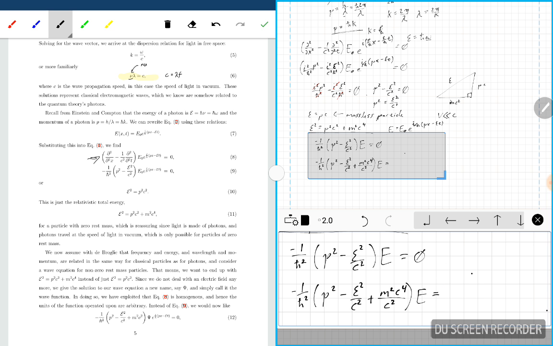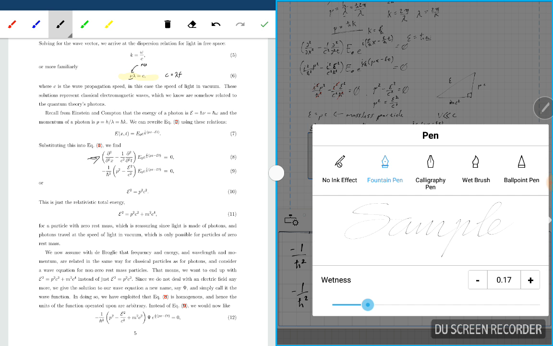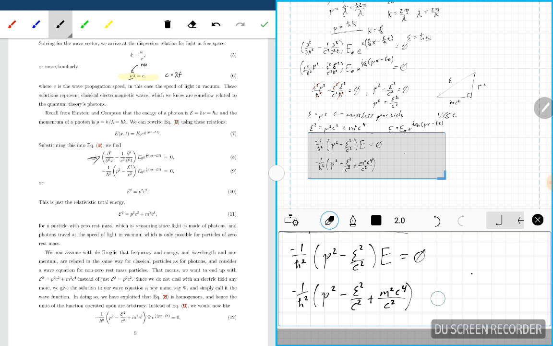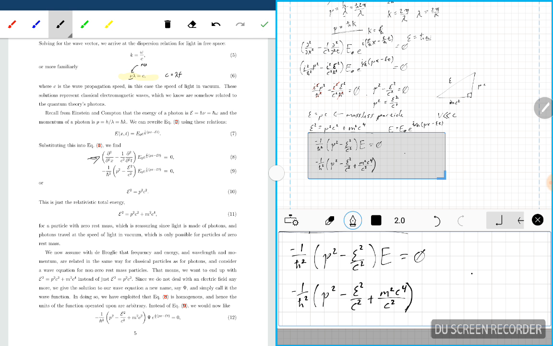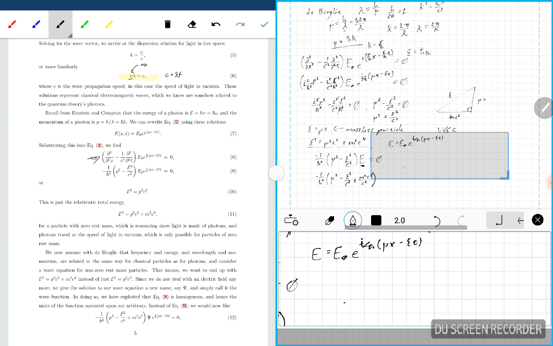And now, before I write my equal sign, in order to justify this, what we're going to say is that not only do I have my electromagnetic wave from energy, I'm going to say that it is wrapped up into a generalized wave equation.